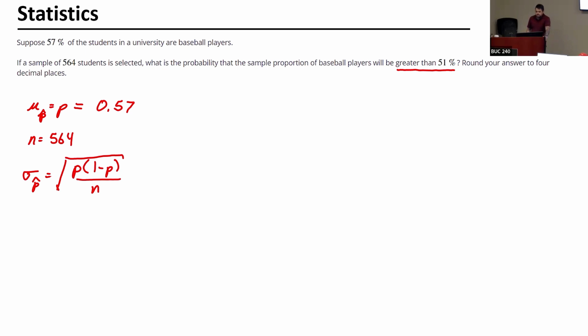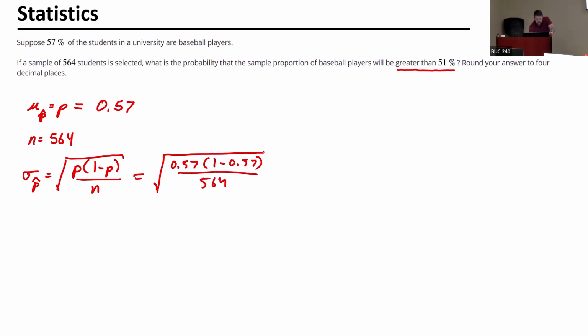Good so far? Okay. Can fill in the information there. I've got this 0.57, 1 minus 0.57. Close that off, 564.